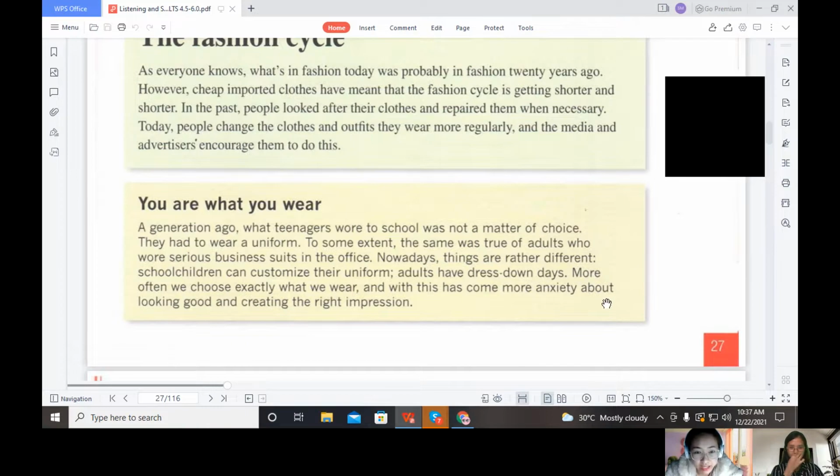School children can customize their uniform. Adults dress down more often nowadays. We choose exactly what we wear, and with it has come more anxiety about looking great and creating the right impressions. Yeah, I agree with it too.